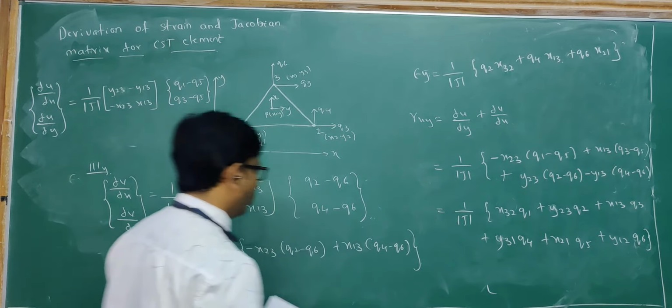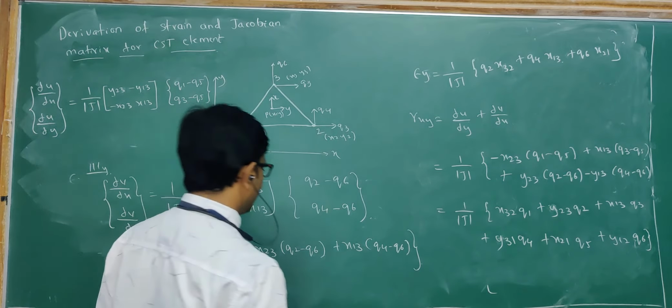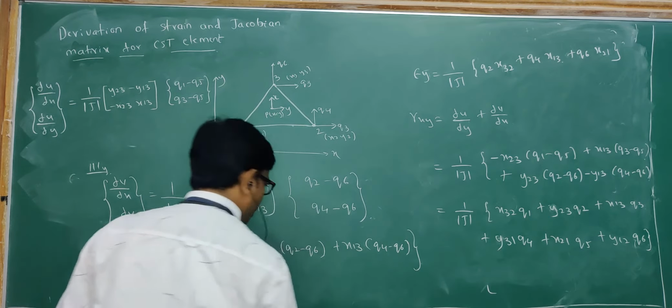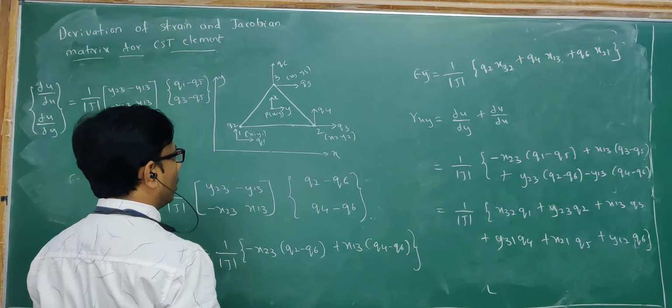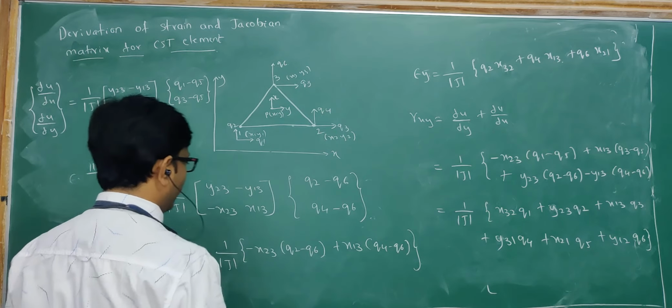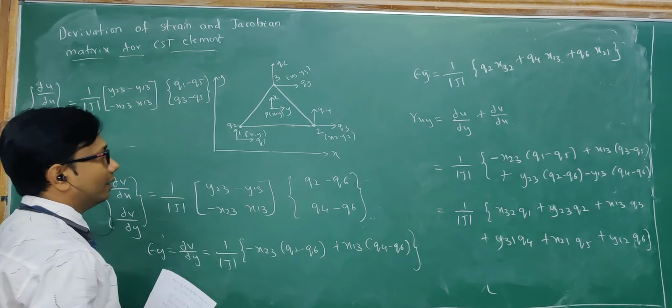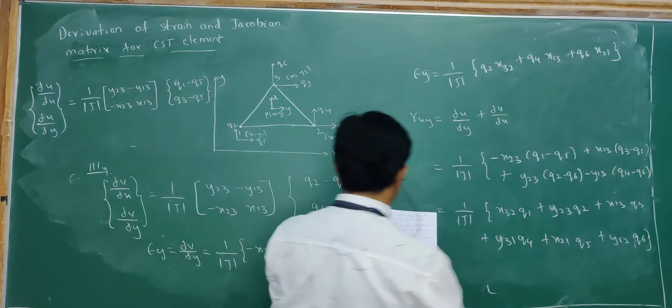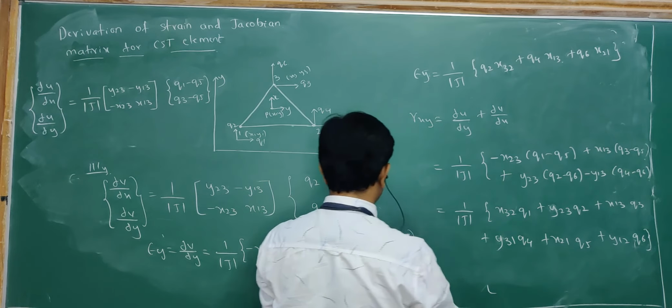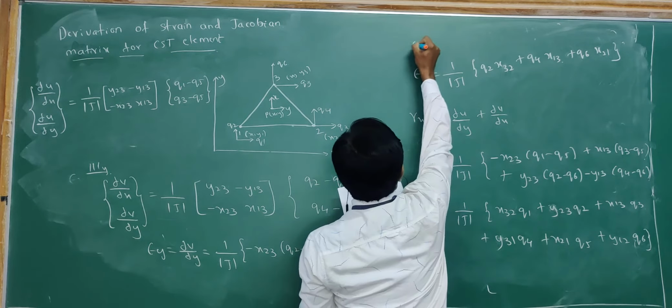Now we'll be writing everything in matrix form. We got epsilon x, epsilon y. In the matrix form you have to write it, so we'll write what epsilon x is here so that we can write it in matrix form.